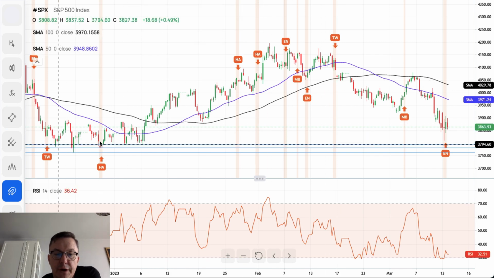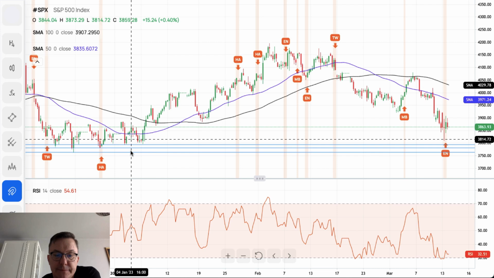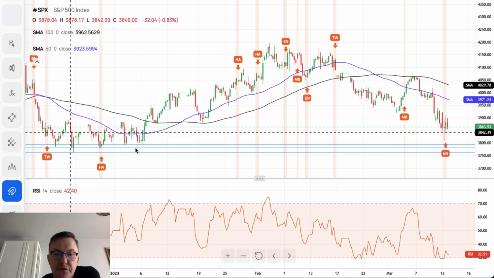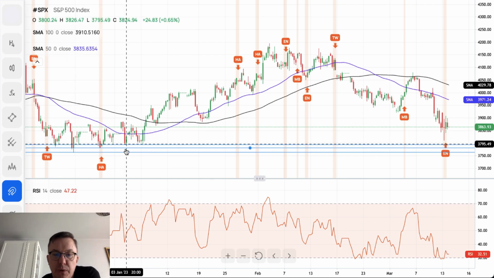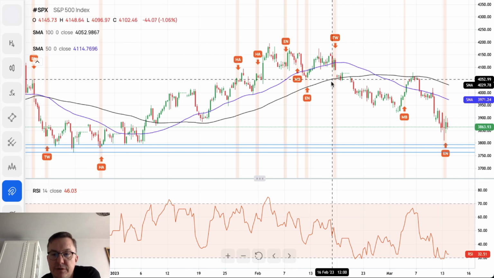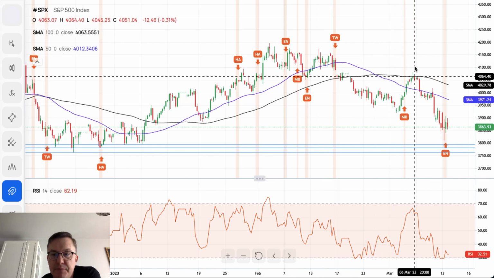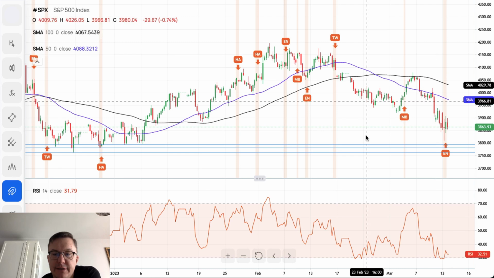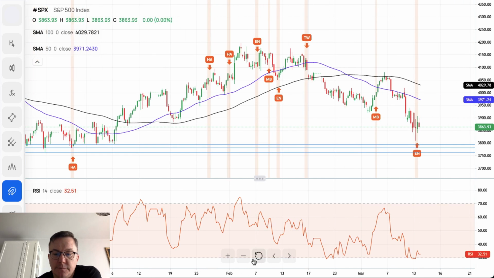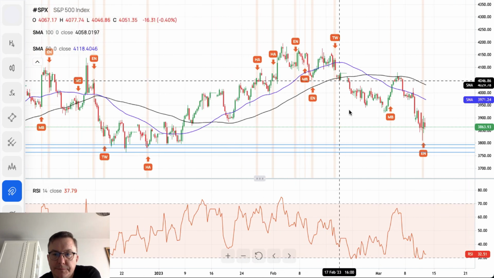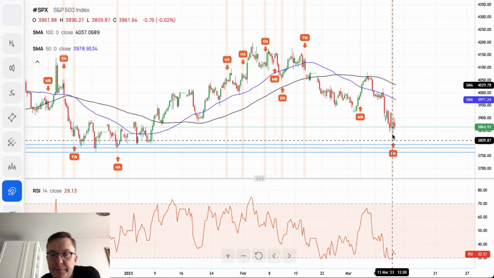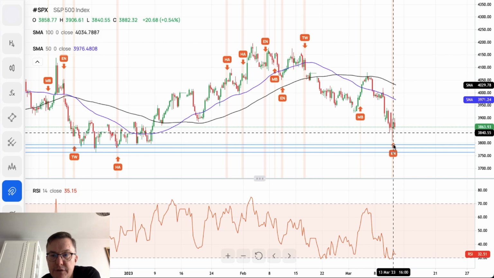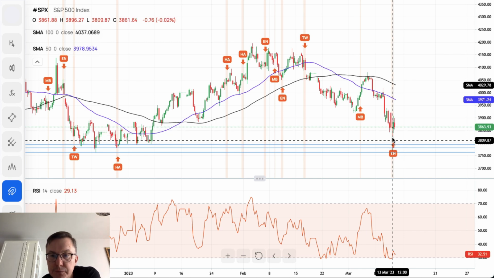So very strong technical supports from the beginning of January 2023. Then we have this movement to the upside, and then we have A, B, and C to the downside done. So it looks like the corrective movement towards the technical support has been completed. The bullish engulfing pattern was done at the end of this move.